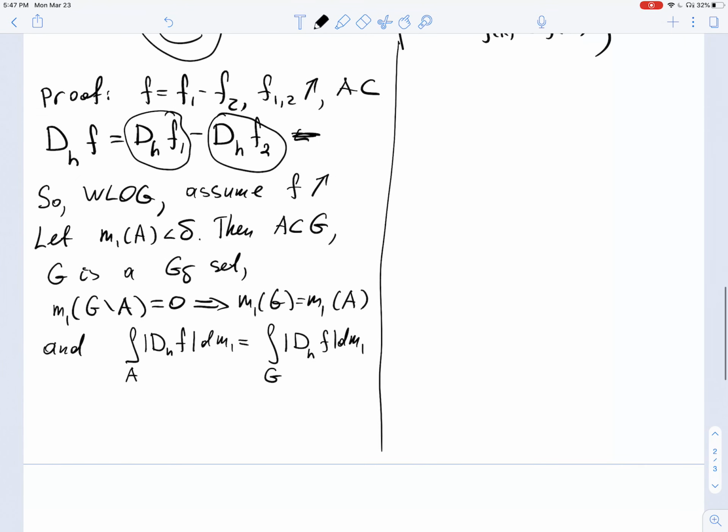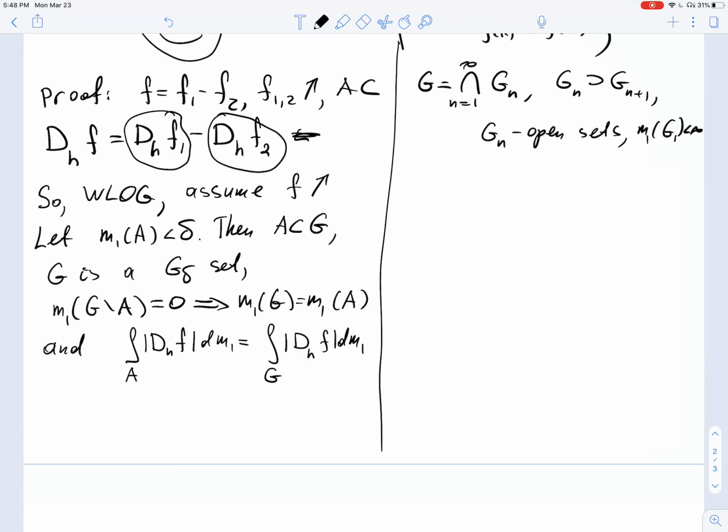Now, furthermore, we know that G is G delta, so it's an intersection of a decreasing sequence of open sets. We can also assume that they have finite measures easily, because G has finite measure.